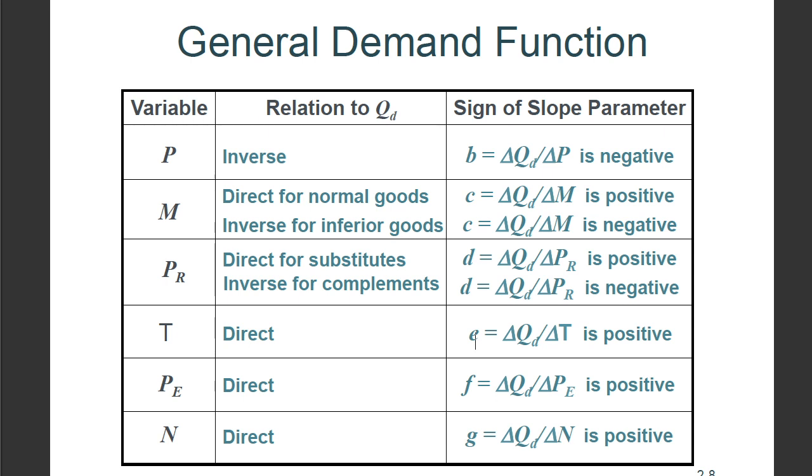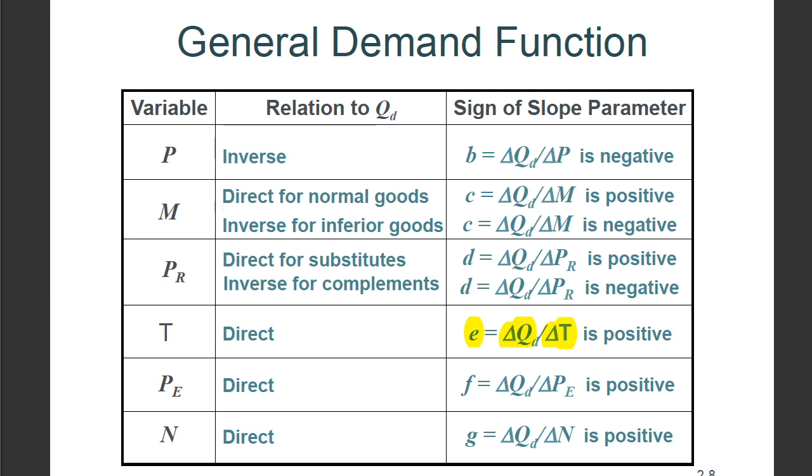That E, for each unit of however you measure that, an increase in taste creates a positive change in quantity demanded, and that means the slope in front of T would be positive.